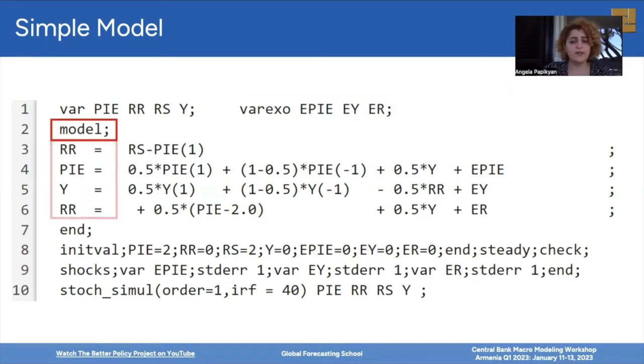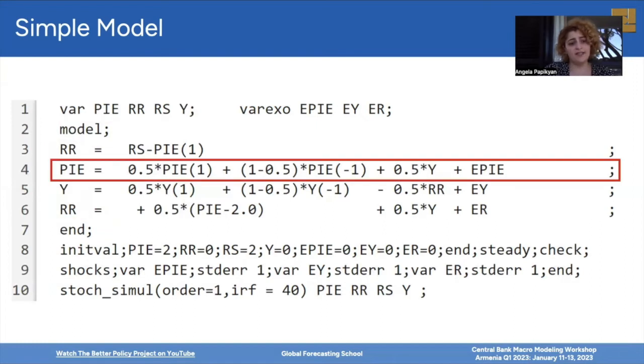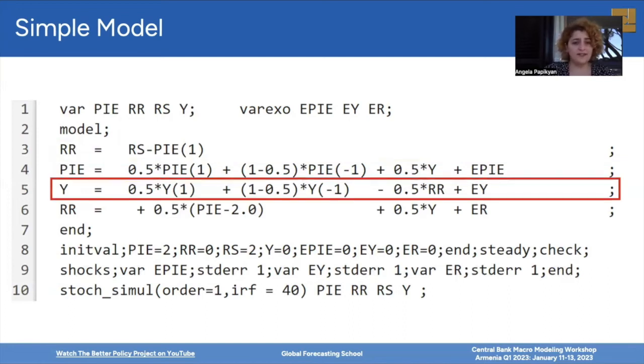Here, by using the command model, we can open a workspace for defining each endogenous variable. You can see that in our model, inflation is defined as a function of its forward and backward-looking components, output gap, and a shock, where the output gap is defined by a function of its lead, lag, interest rates, and the shock.